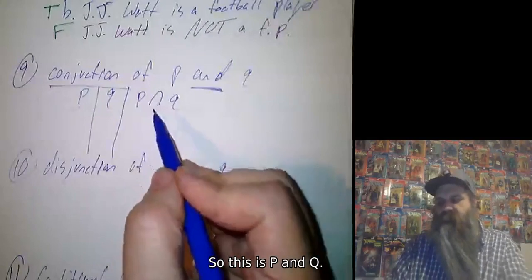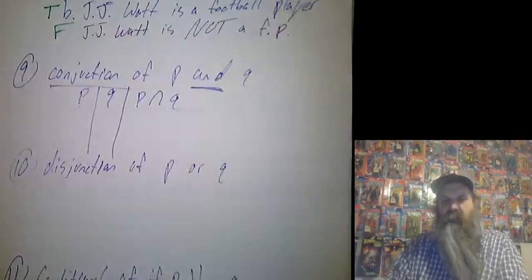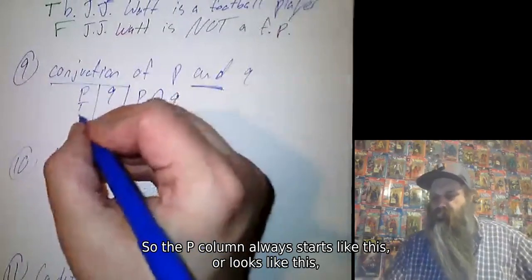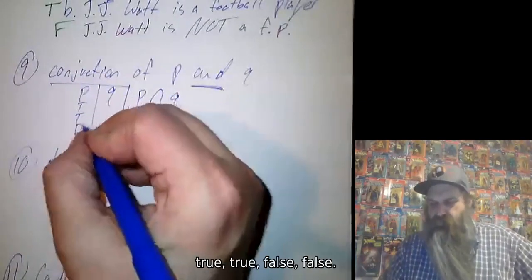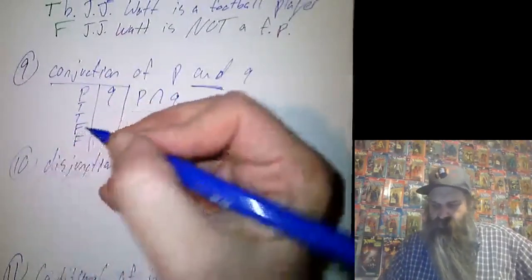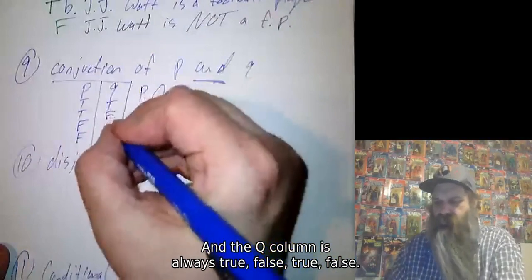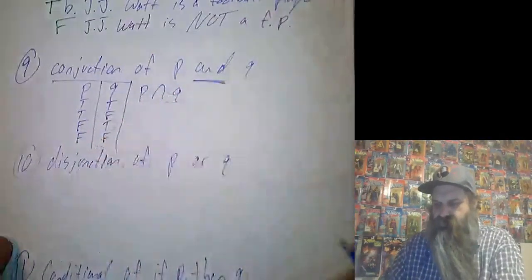So this is P and Q. So the P column always starts like this, or looks like this. True, true, false, false. And the Q column is always true, false, true, false.